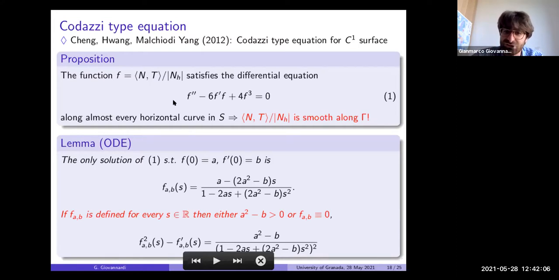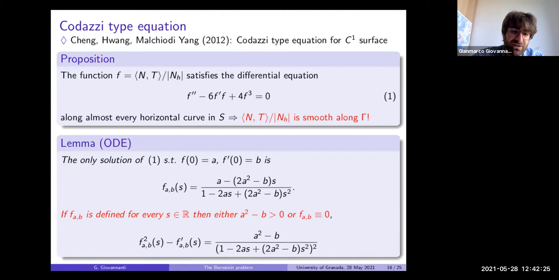And this equation is the Codazzi equation along the straight line. If you prove that you solve this equation, then automatically by bootstrap, the solution has to be smooth along the straight line.